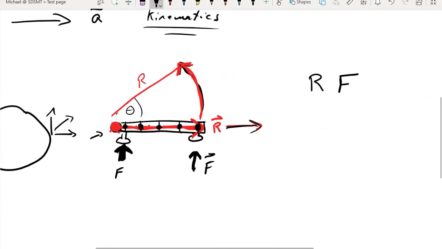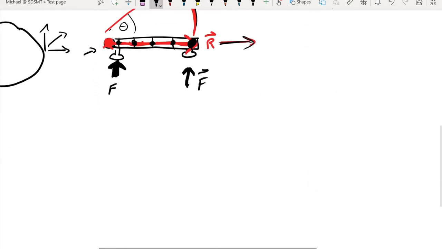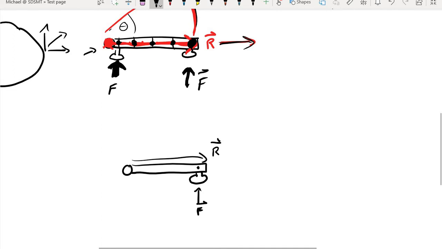Well, we know that it's been applied at some given location, and let me draw a fresh door here. And we'll say that we're going to apply our force at a distance of r.